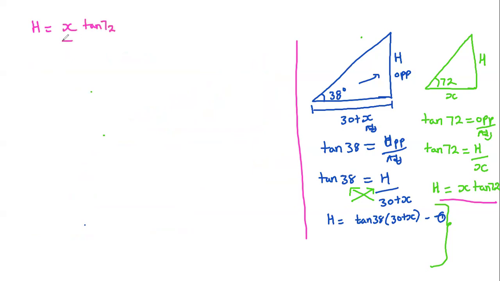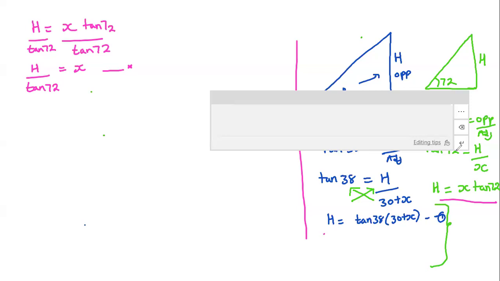And in case I want x, I'll divide by tan of 72, divided by tan of 72. So here I'll have my x equaling h out of the tan of 72. Now, this one that I've formed, I'm going to come here on the first one. Wherever there is x, I put h out of tan of 72. Kindly let me know through the chat whether we are still on the same page.